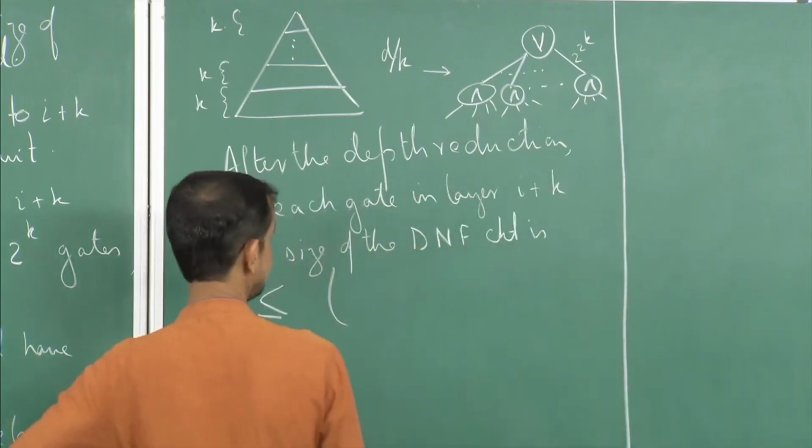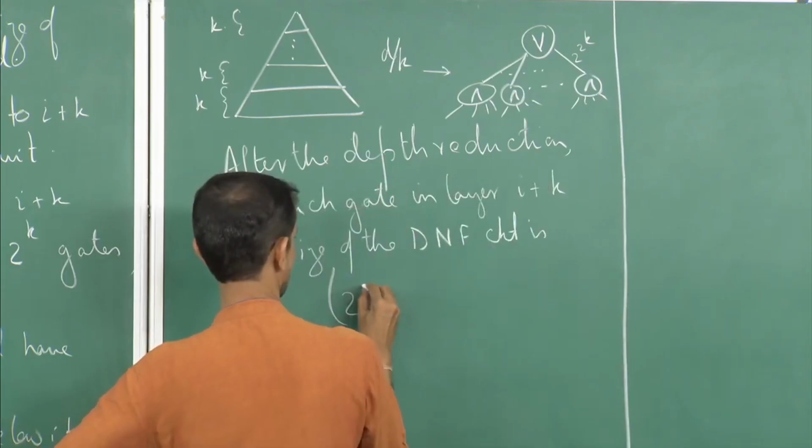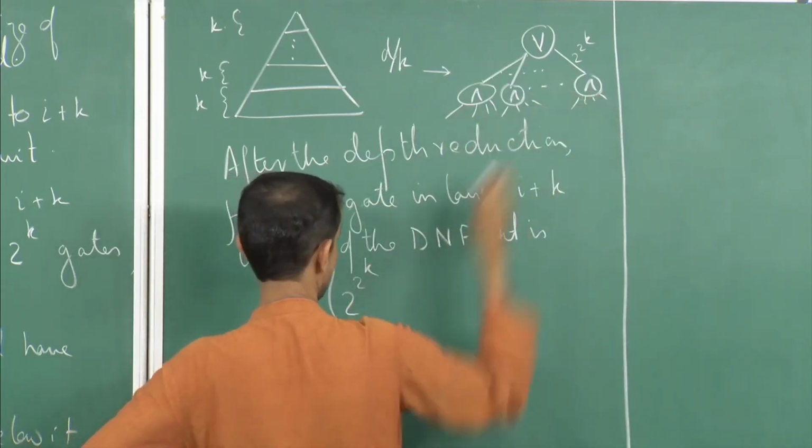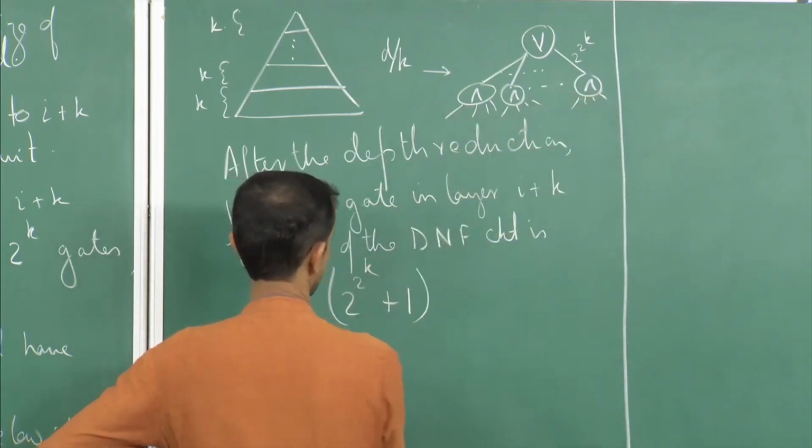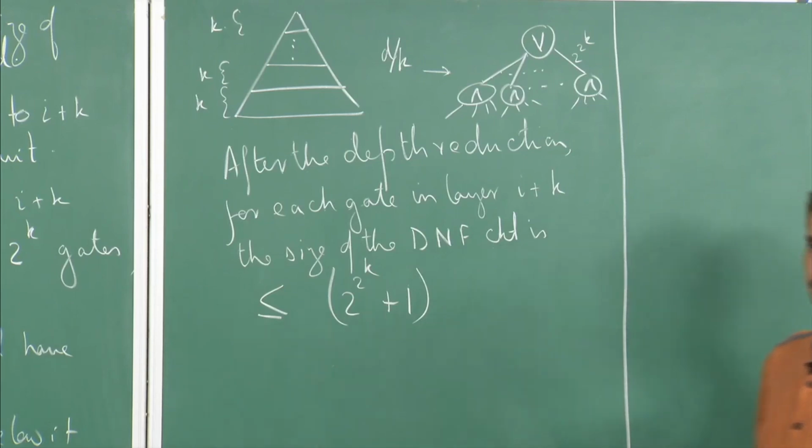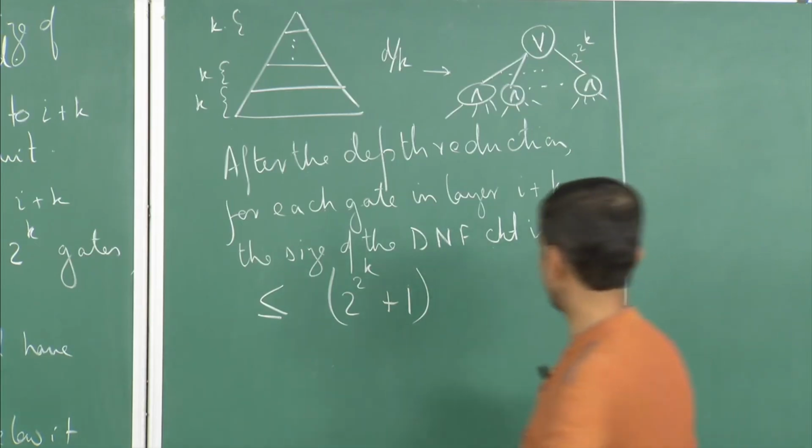For each gate my size is 2 to the power k many AND gates plus 1 OR gate. Of course, I will also be having the NOT gates, but I am just counting the AND and OR gates for the time being.